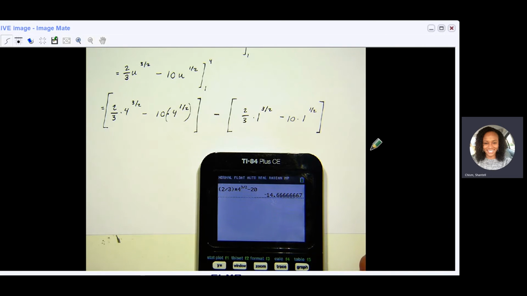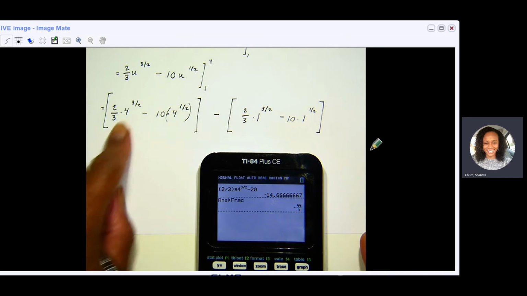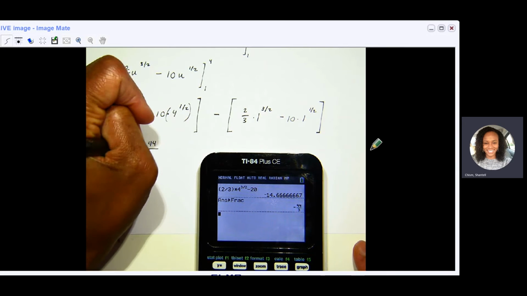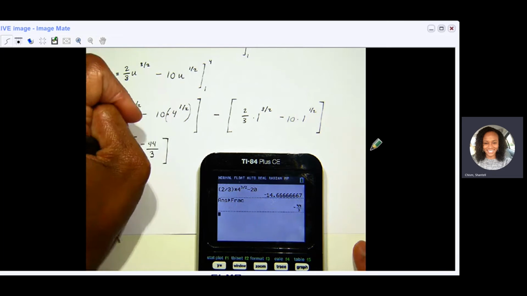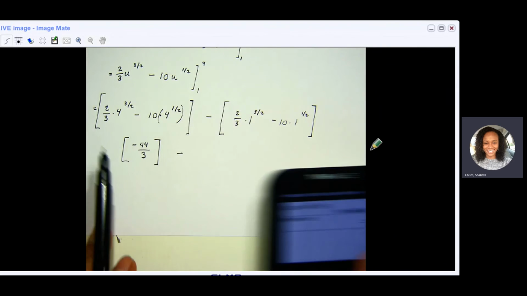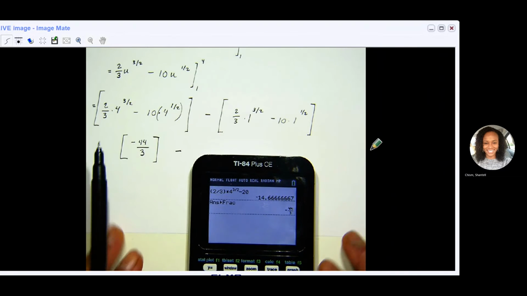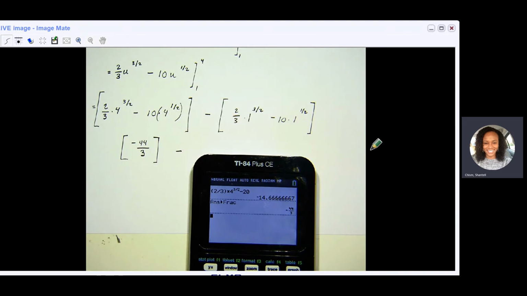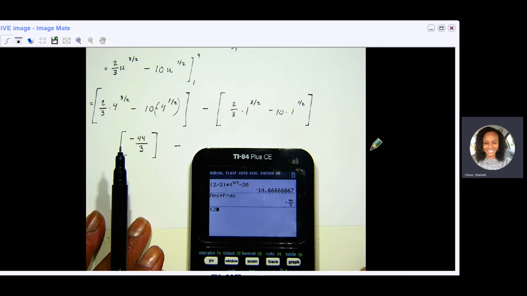All right, ooh, let's give me some ugly number. Let's see what we got. So this right here is a negative 44/3. Then I'm going to subtract from that this. Let's see what we get here. Well, anything to the 1 power, or 1 raised to any power is still just 1. And then minus 10.